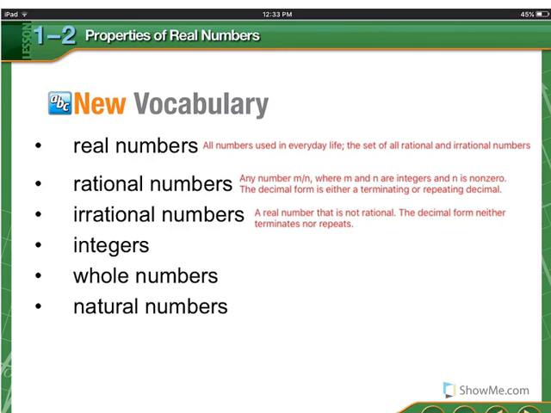So for instance, pi. All the decimal places are different after the decimal, and it doesn't repeat in any sort of pattern. Integers are numbers such as -3, -2, -1, 0, 1, 2, and 3, and so on. Whole numbers are the positive numbers including 0, so 0, 1, 2, 3, 4. And the natural numbers are the counting numbers 1, 2, 3, 4, etc.